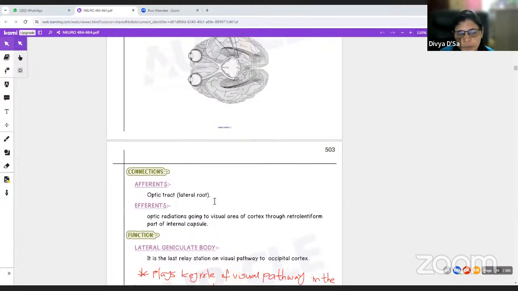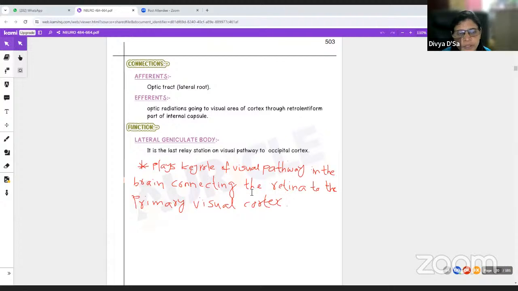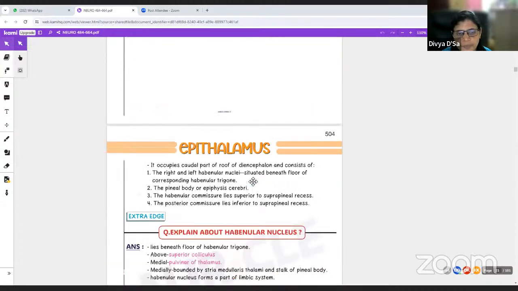Afferents are from the optic tract. Efferents are the optic radiations, which go to the visual area of the occipital cortex through the retrolentiform part of the internal capsule. The lateral geniculate body is the last relay station on the visual pathway to the occipital cortex.